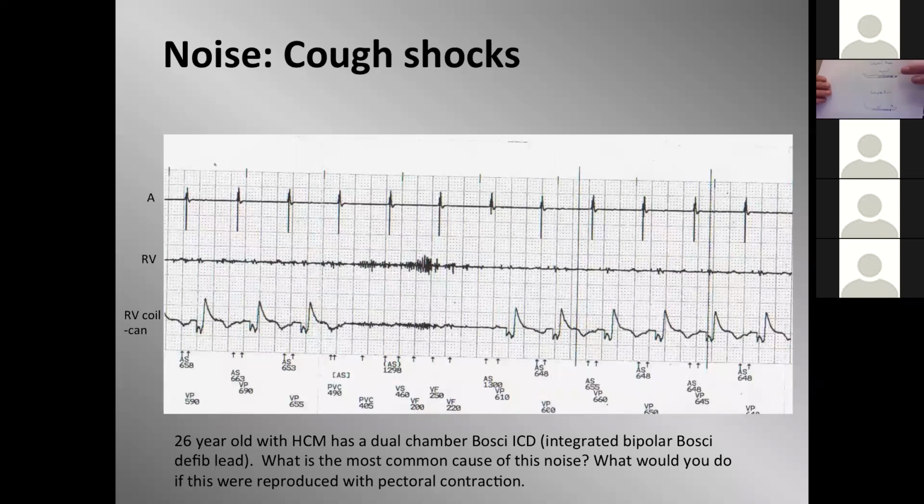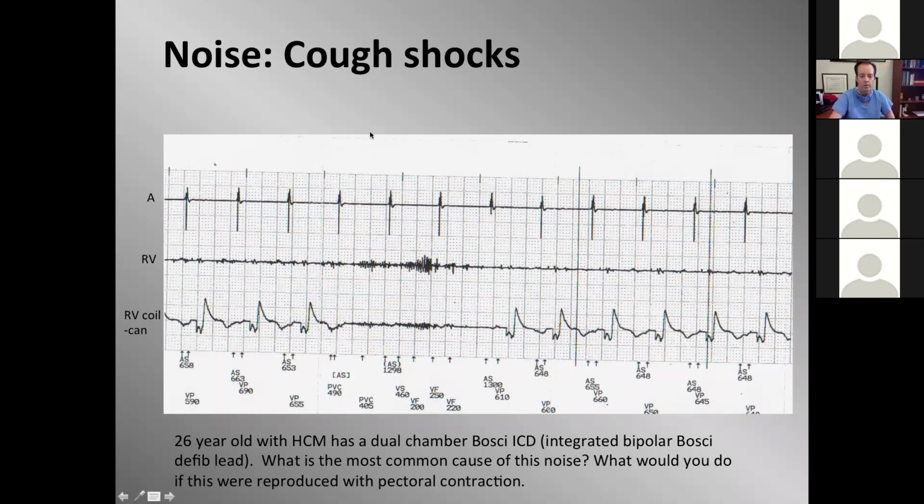The point here is that Boston Scientific devices use the integrated bipole. This is a broader sensing circuit, as opposed to the dedicated bipole, which is a narrower antenna and a narrower sensing circuit. And of course, some manufacturers now let you alternate between integrated and dedicated.